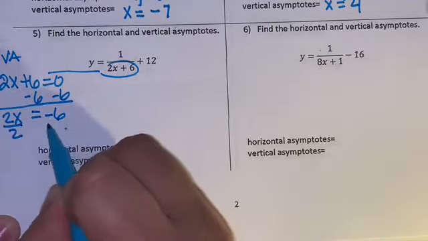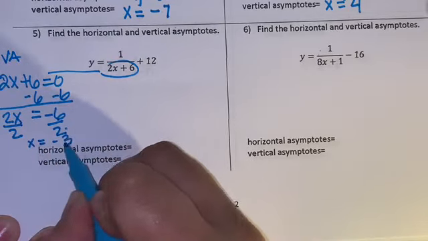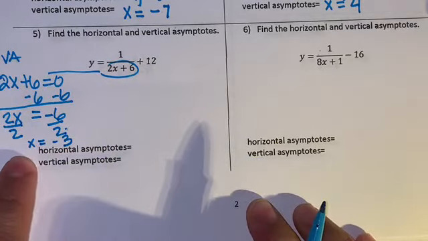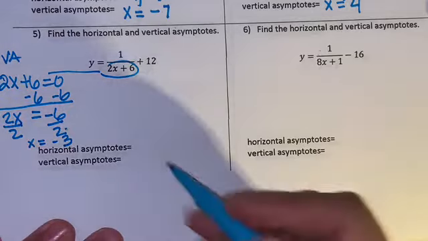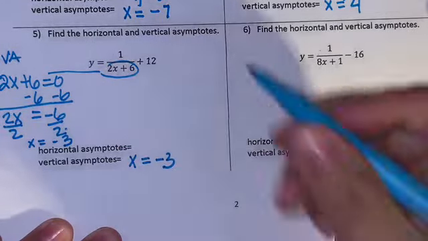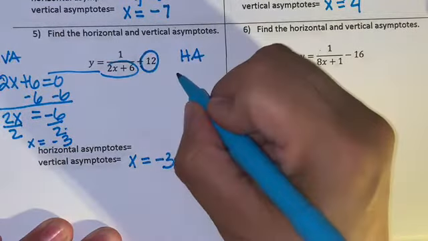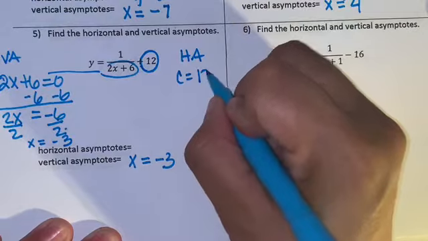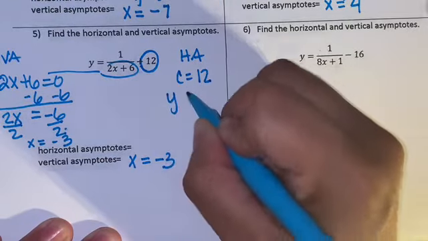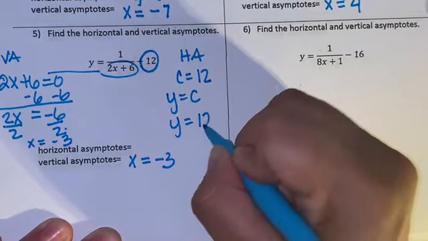Divide both sides by 2. x equals negative 3. So now we have x. So that's going to be our vertical. x equals negative 3. And our horizontal asymptote, we know that c equals 12. We know that y equals c. So y equals 12.